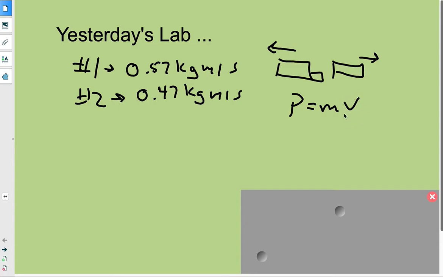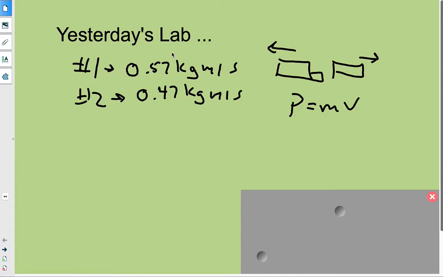Caitlin, do you remember? It's a vector, right? So direction is important with a vector. If we make one of these directions positive, then the other direction would be negative, right?